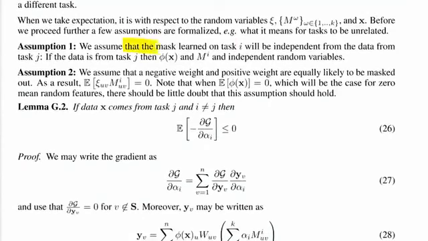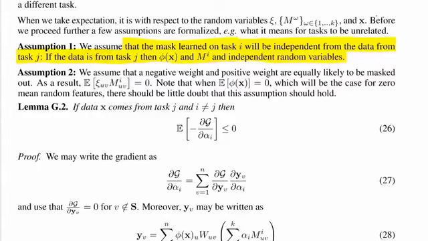Assumption one is we assume that the mask learned on task I will be independent from the data from task J. If the data is from task J, then these are independent random variables. Okay, so it sort of means that the tasks themselves are kind of independent. But it's not the same requirement.